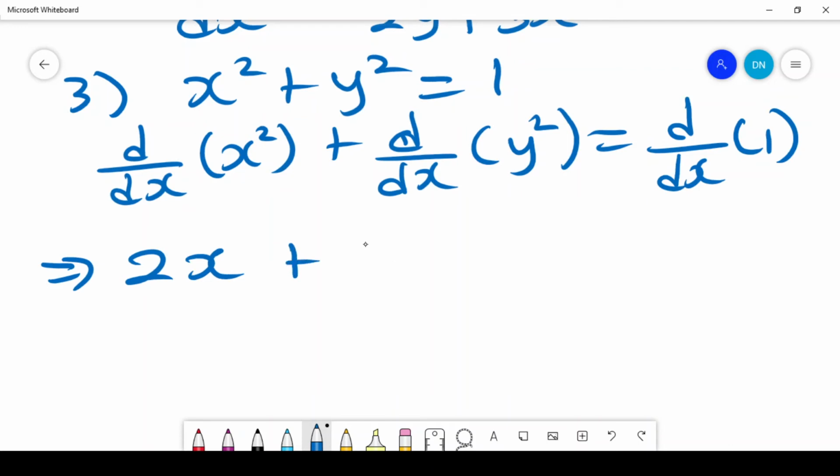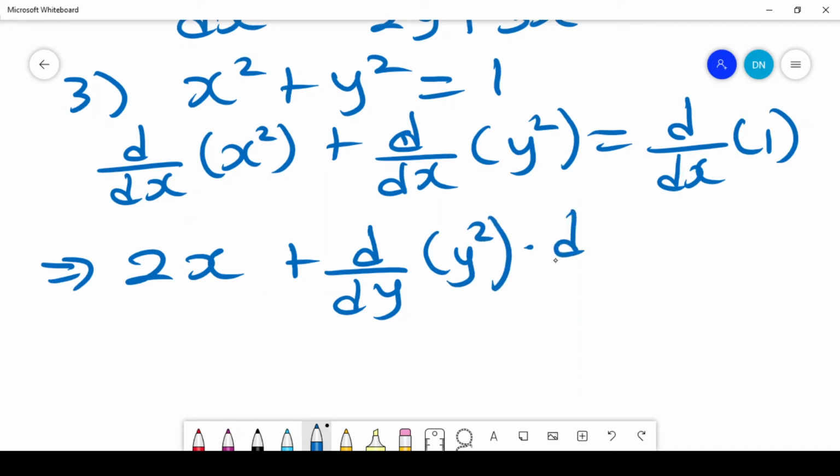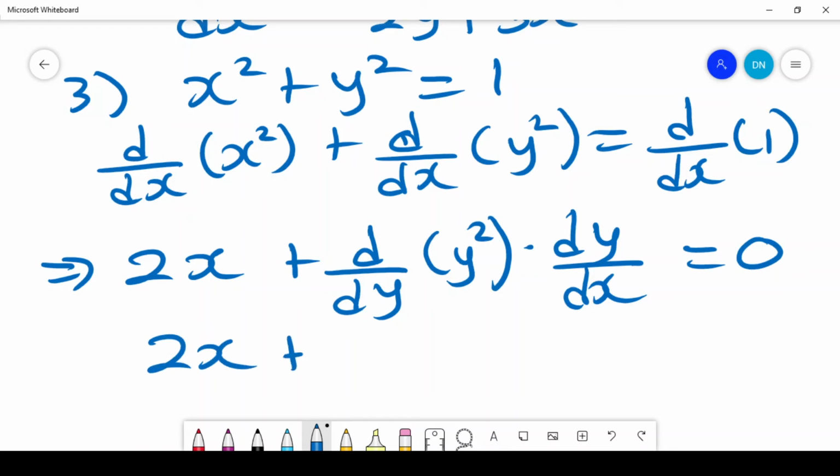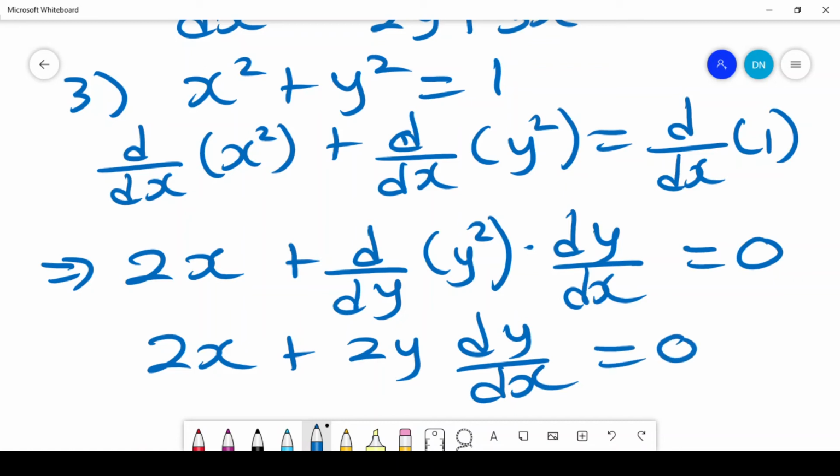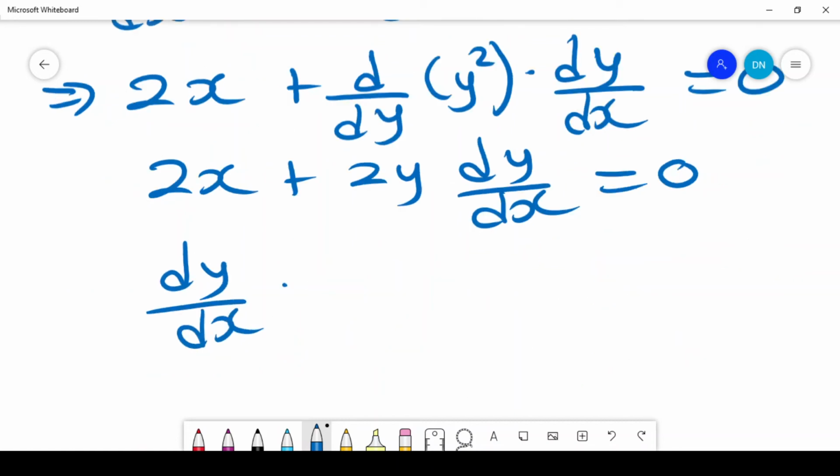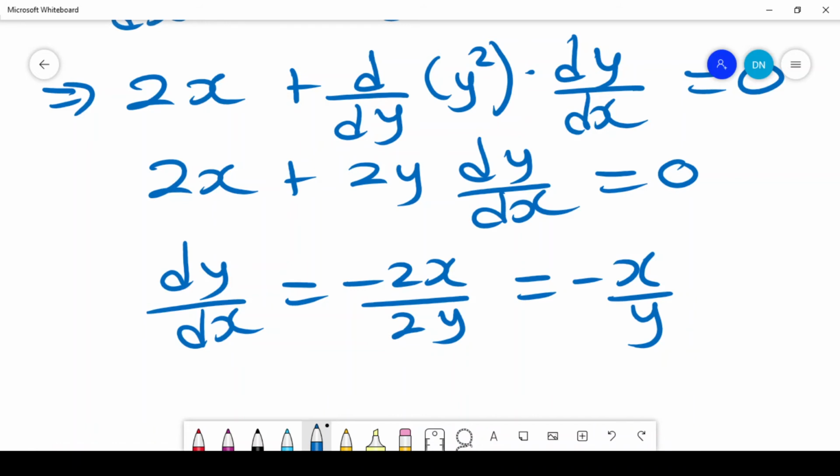Then here it will be d/dy of y squared times dy/dx, and when you differentiate 1 with respect to x it is 0. So it is 2x plus 2y dy/dx equals 0, so dy/dx equals minus 2x all over 2y, which is minus x over y.